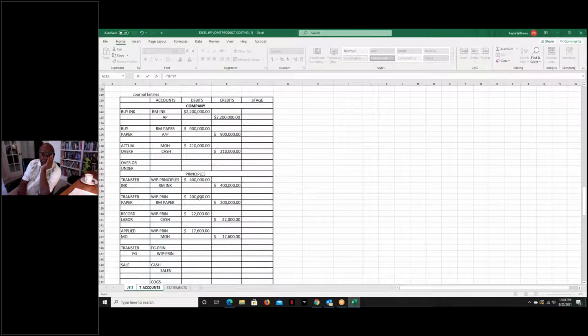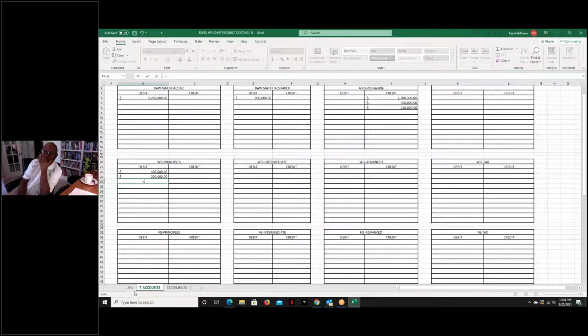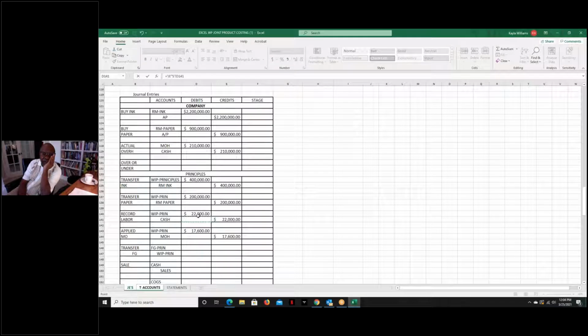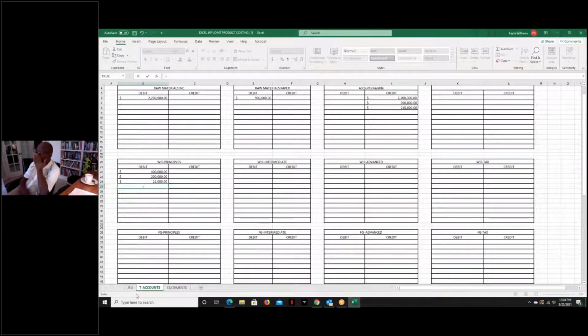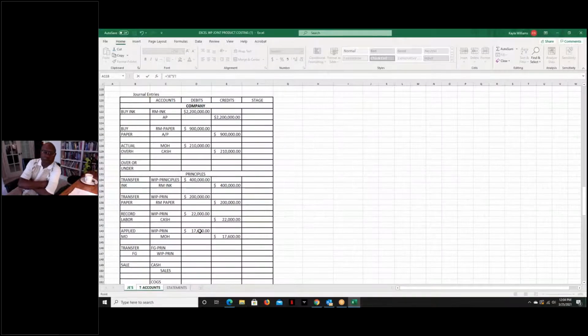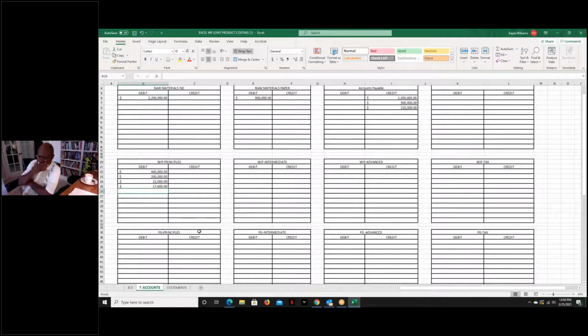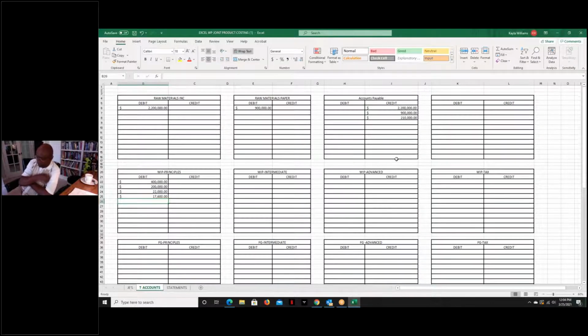I'm gonna go back and change that. Good catch. I put the 210,000 in accounts payable, and it's supposed to be in the cash account. Okay. And for that figure with the 17,600, you multiplied what by the activity rate? The actual labor hours, which is the 2,200 for principles, times 8, which is the activity rate. Okay, got you.